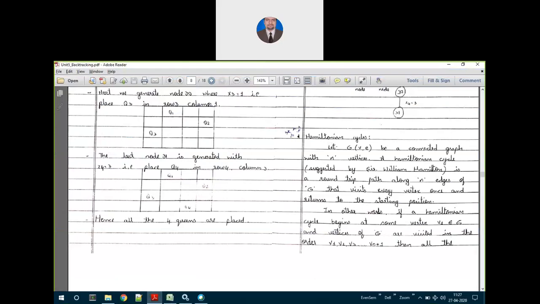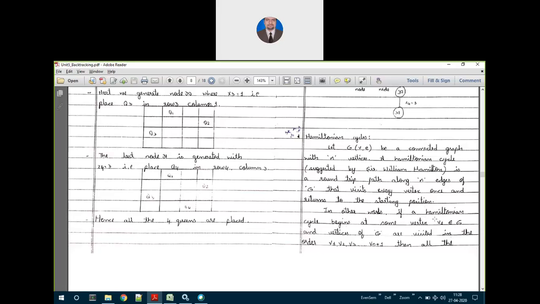Hamiltonian cycle. Let G(V,E) be a connected graph with n vertices. A Hamiltonian cycle is a round trip path along n edges of G that visits every vertex once and returns to the starting position.